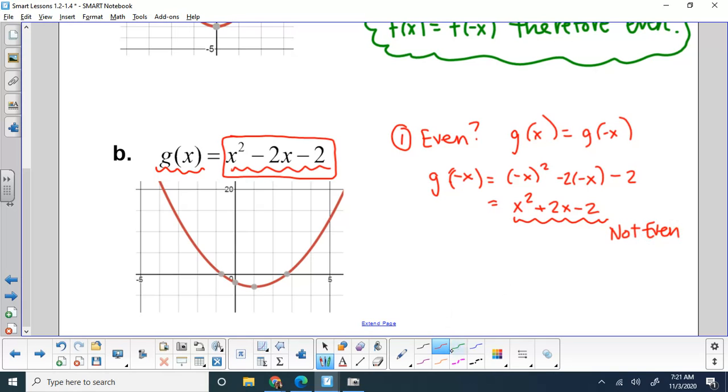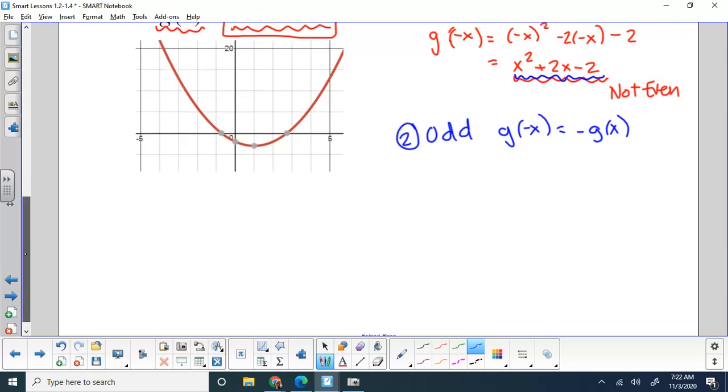So next, I'm going to go ahead and do my check to see, is it odd? Now, recall, we've already checked the first part of it. To check if something is odd, we have to check that g of negative x is equal to negative g of x. So remember, g of negative x is right here. It's that one we learned about just before this.